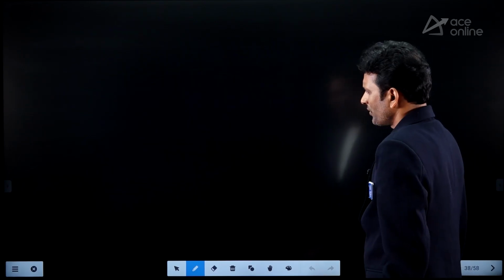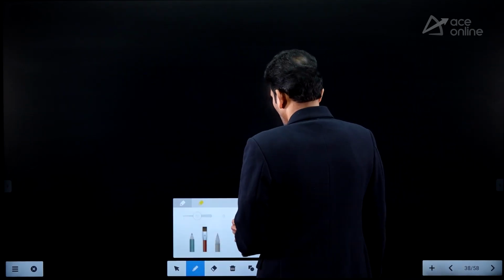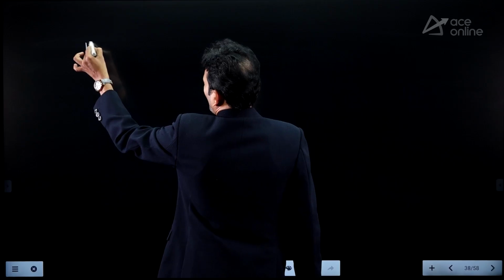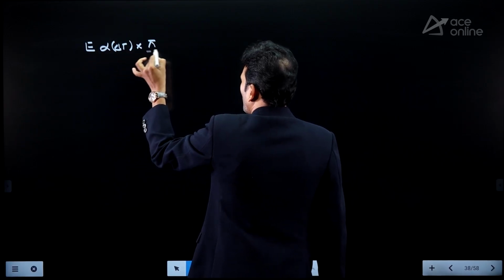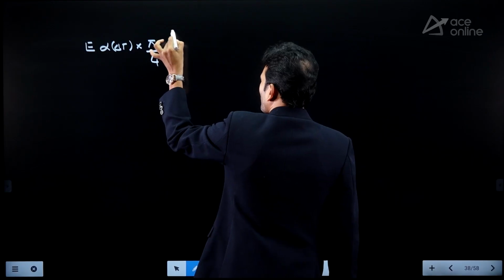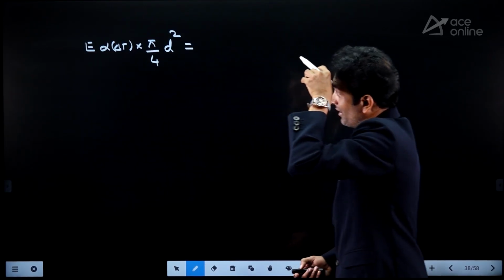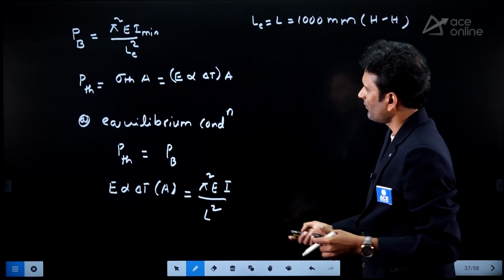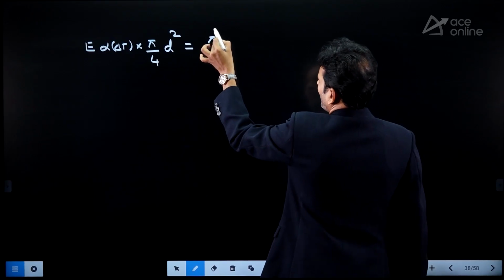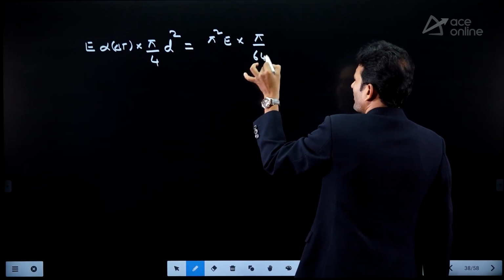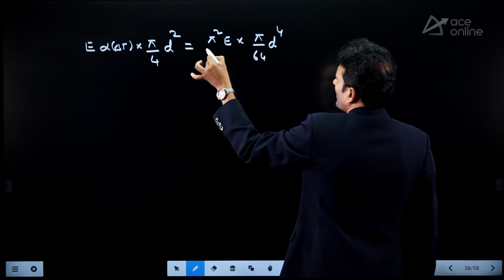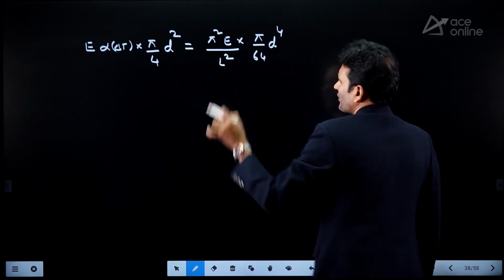Now substitute the values one by one. E alpha del T, the area of the rod is pi by 4 D square. And pi square into E into I, which I can write as pi by 64 D raised to 4, divided by L square. That's it.